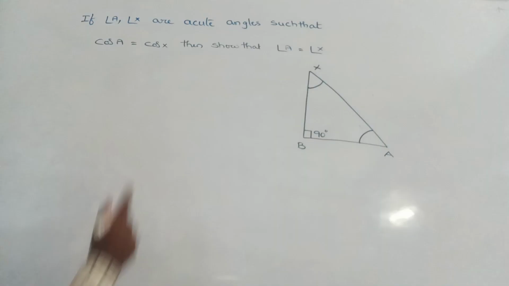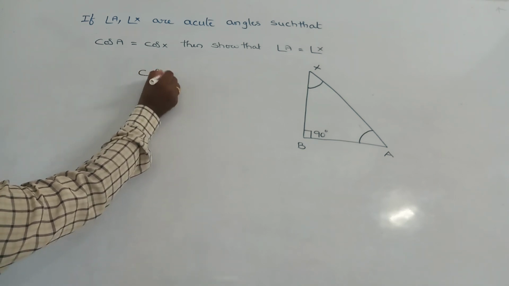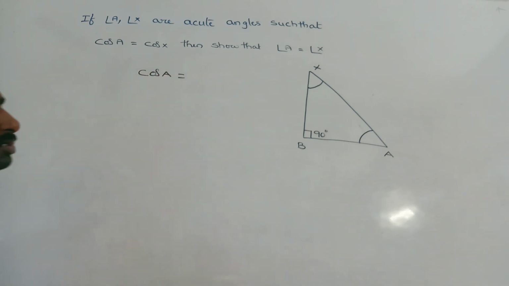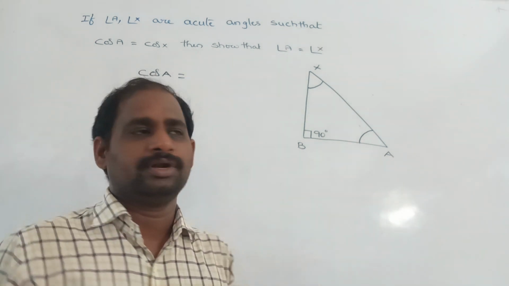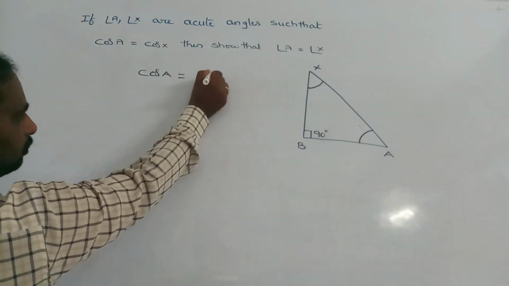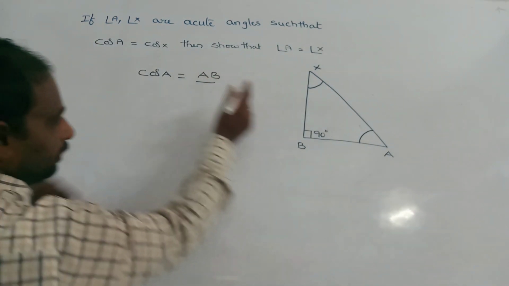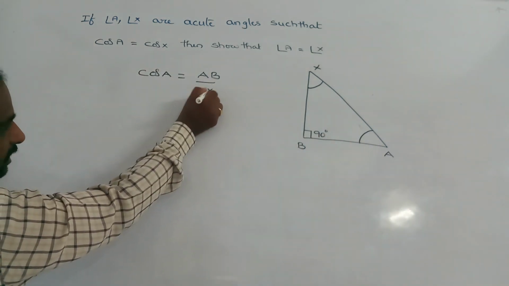Now from the figure we can say that cos A, by the cos theta formula, is adjacent side by hypotenuse. Adjacent side is AB, by hypotenuse, which is AX.